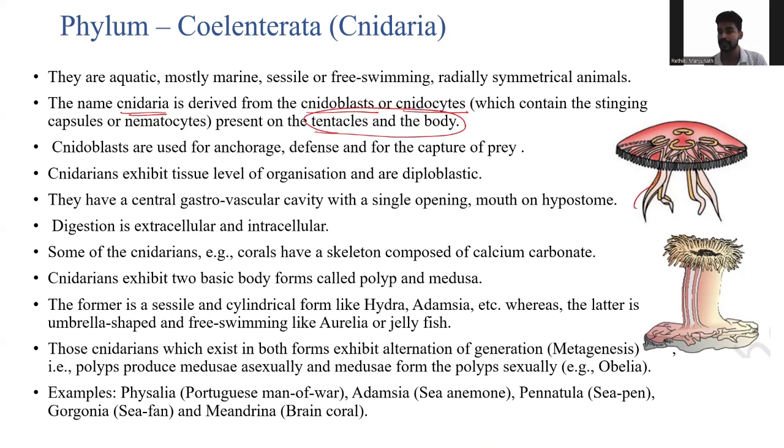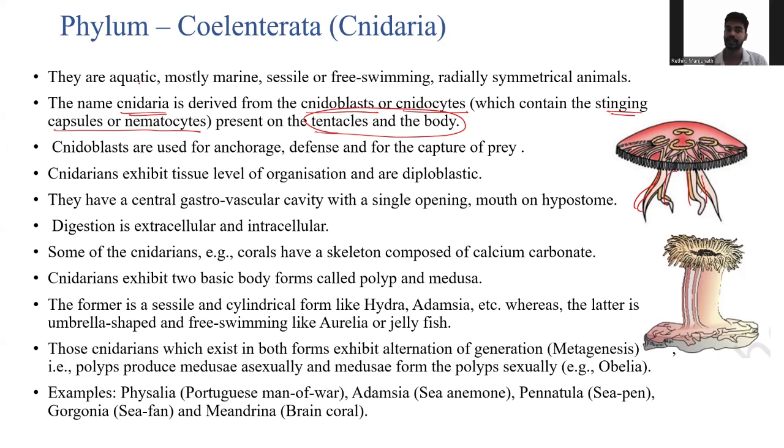So if you consider this as the tentacles of the body, there will be stinging capsules or nematocysts present. That's why these organisms are called Cnidaria. So this is why the name Cnidaria came for the Coelenterata.